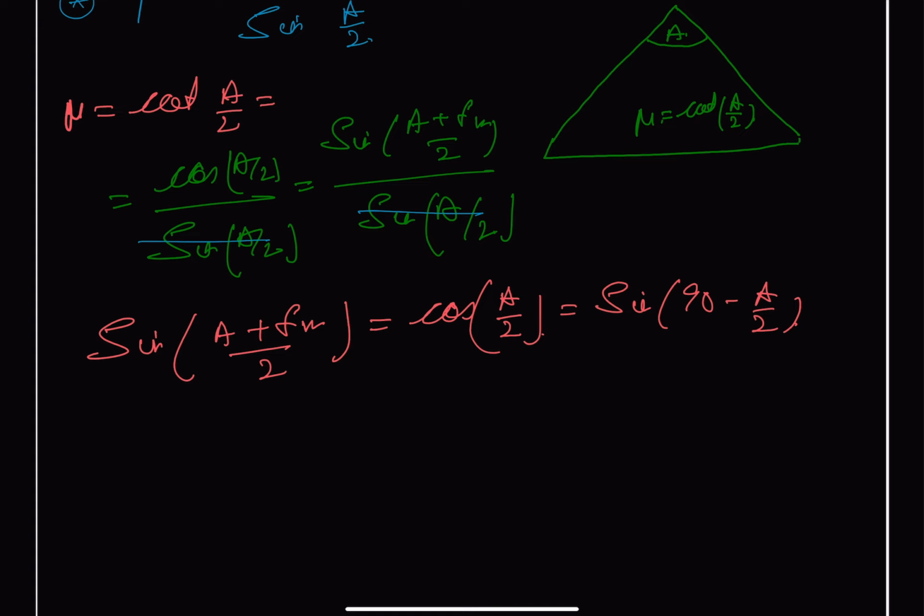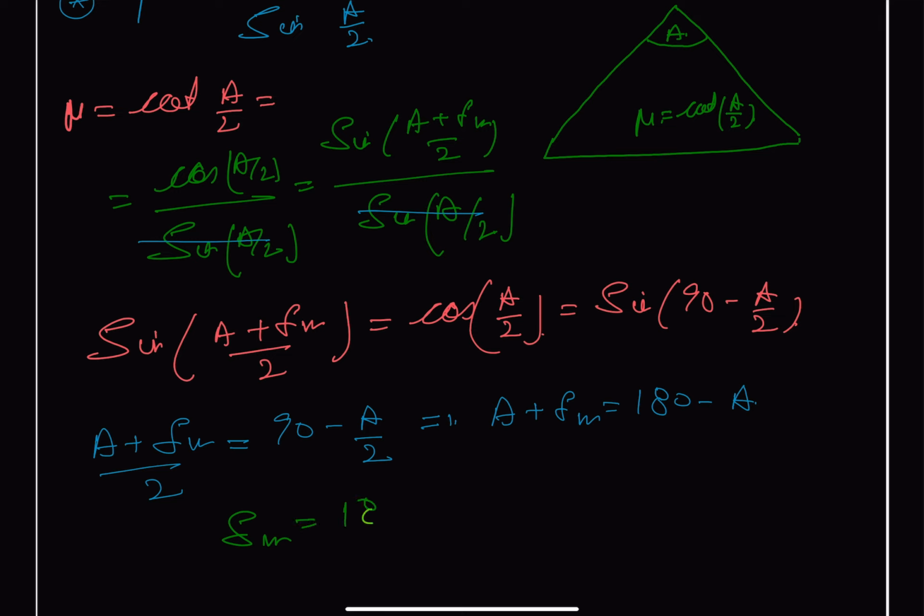So this gives us that (A plus delta m) divided by 2 is equal to 90 minus A by 2, which gives us that A plus delta m will be equal to 180 minus A, and this gives us that delta m will be equal to 180 minus 2A.